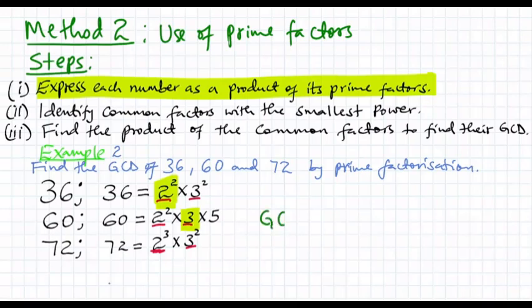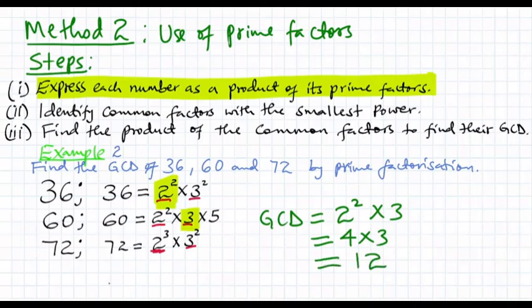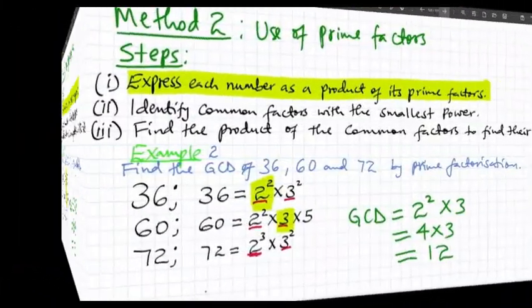So GCD will be what? 2 raised to 2 times 3, which is 4 times 3, which is 12. We have got the same answer the way we have done with the first method. We move on.